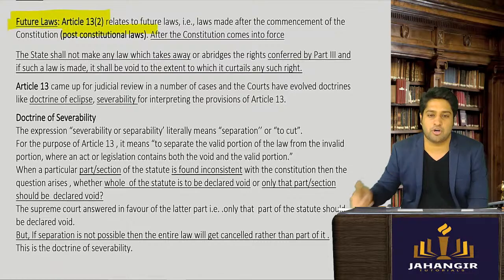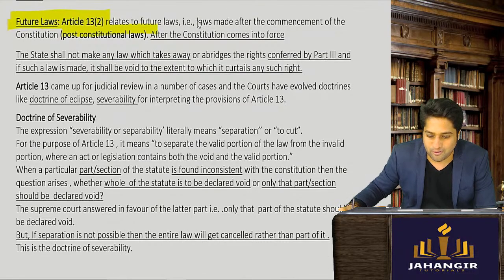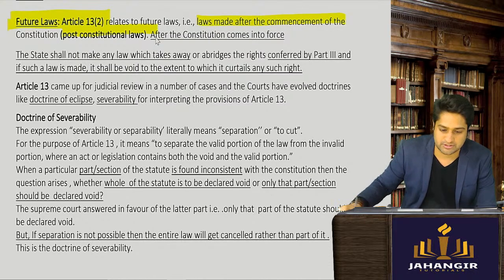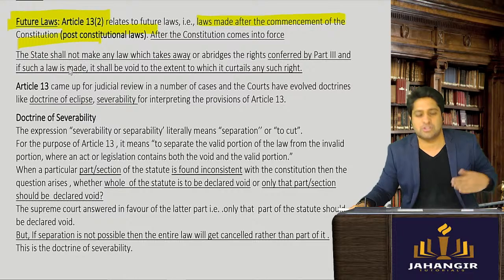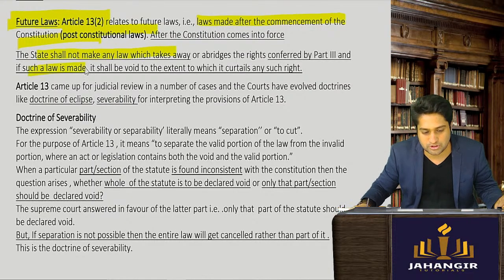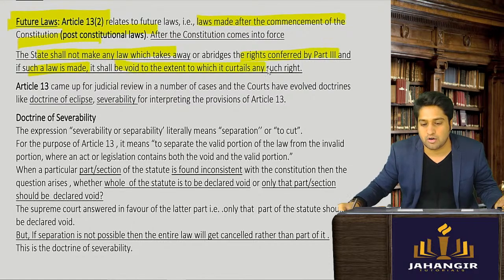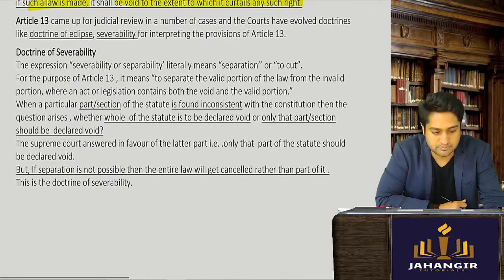Next is future laws. Obviously simple: for all laws made after the constitution, the state shall not make any law which is against Part 3 of the constitution, that is, against the fundamental rights.